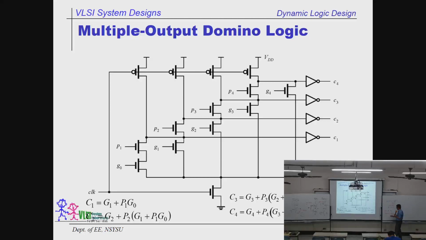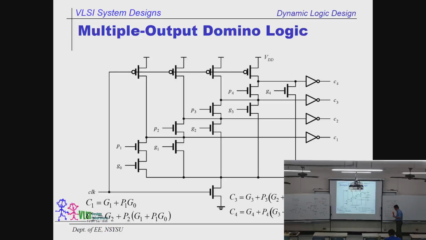The last one is called the kill. When both of them are 0, all the carry will stop right here. We don't send out any carry. It's called the kill. But the kill is not used in the generation because it's going to kill the carry. The kill means when both of them are 0.